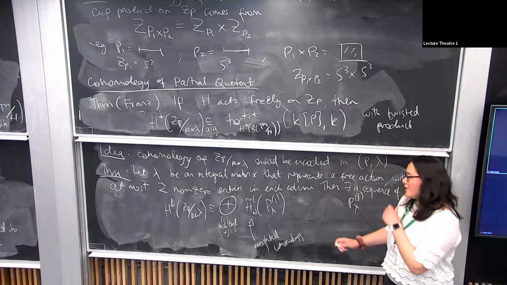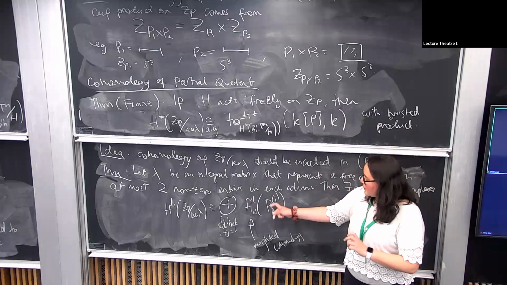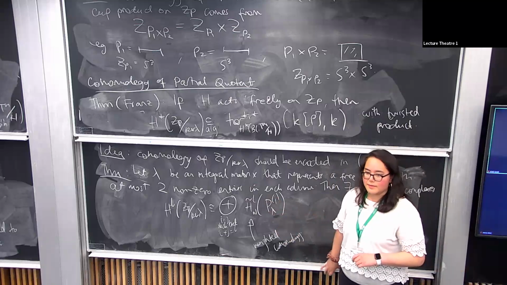In each case, this is a complex that not just has the combinatorics of P, but also has a weighting on it that comes from this lambda.